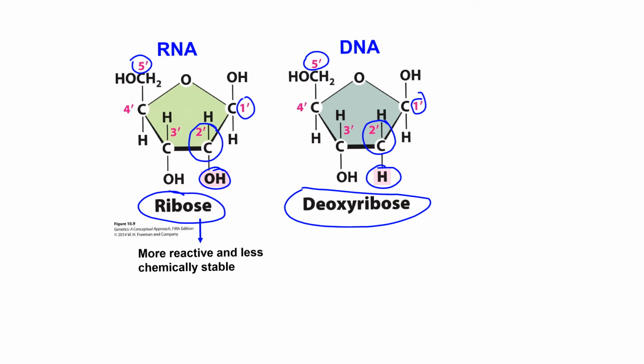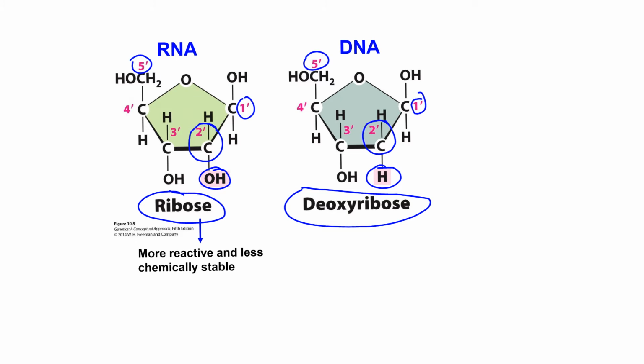In addition, this one extra oxygen atom in the RNA molecule makes it more reactive and less chemically stable than DNA, and therefore DNA is better suited to serve as a long-term storage of genetic material, serving as our blueprint.